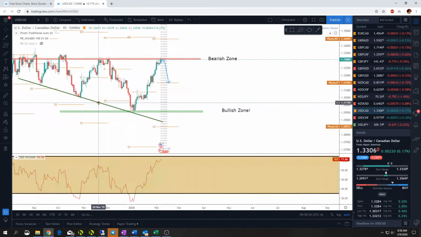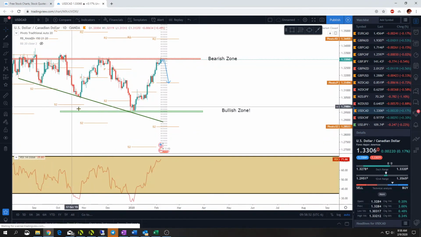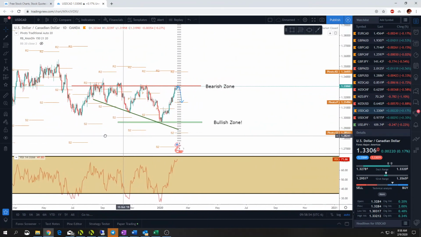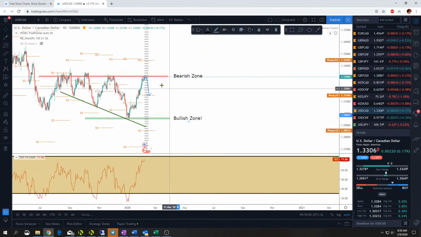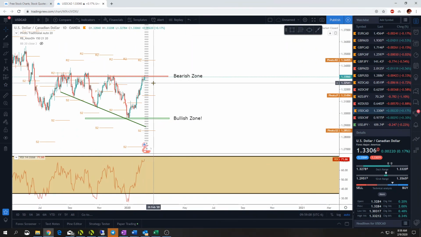US dollar, Canadian dollar. All right, this one is just itching to fall. And if we follow some of our fundamental thoughts, the dollar was just kicking ass last week on some good jobs data. Historically, if you have a good non-farm payroll and a strong dollar off of it, you're going to get some strength in the dollar the week after.